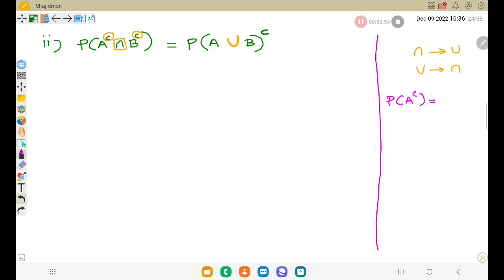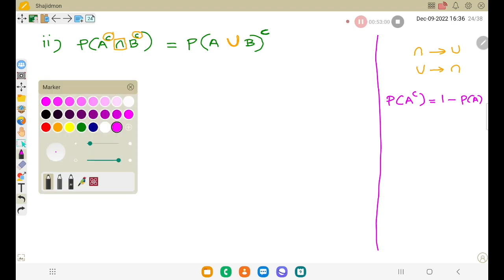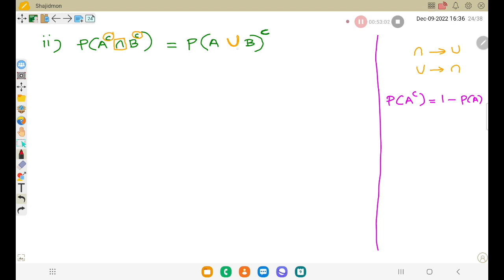Now, we studied one rule: probability of A complement is written as 1 minus probability of A, correct? Remember this rule. Here also we apply the same rule. For probability of A union B complement, if we delete the complement, we take 1 minus probability of A union B. When deleting the complement, it is total minus the term without complement.